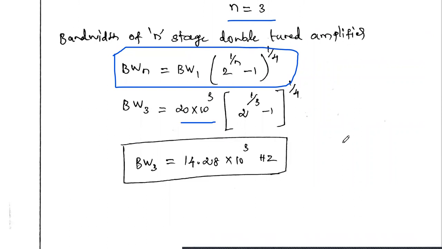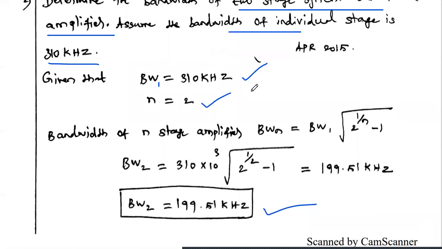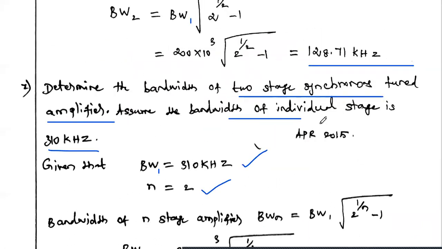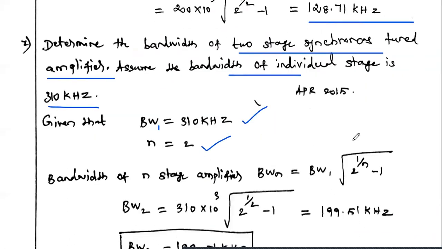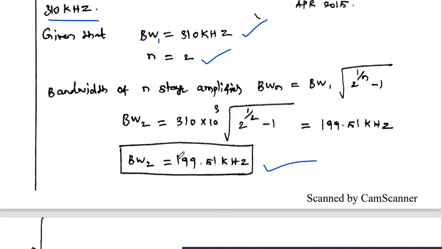You already know the concept: if n similar tuned amplifiers are connected in cascade, the overall bandwidth reduces. In a single tuned amplifier, if two stages are connected, the overall bandwidth is 63 percent. If three such stages are connected, the bandwidth reaches about 52 percent.